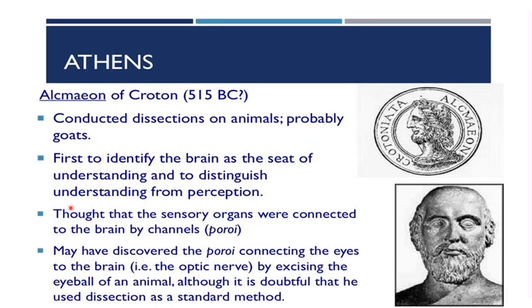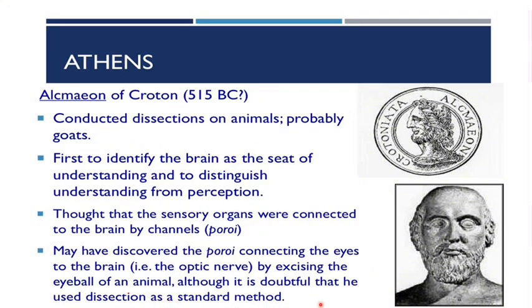He was also thought to indicate that the sensory organs were connected to the brain by channels. When they refer to channels, they mean nerve fibers. This man also discovered the nerve fibers connecting the eyes to the brain, what we call the optic nerve, by excising the eyeball of an animal, although it is doubtful that he used dissection as a standard method.